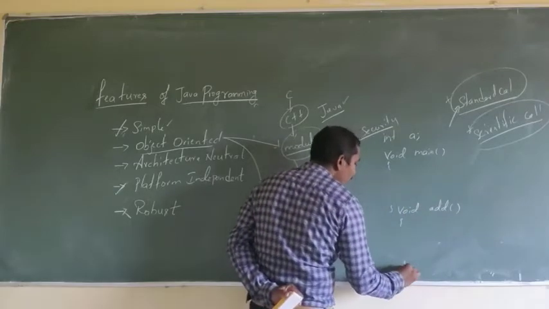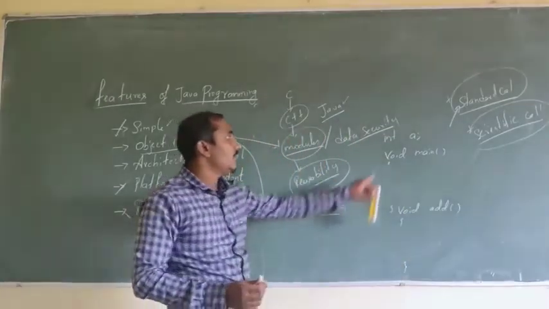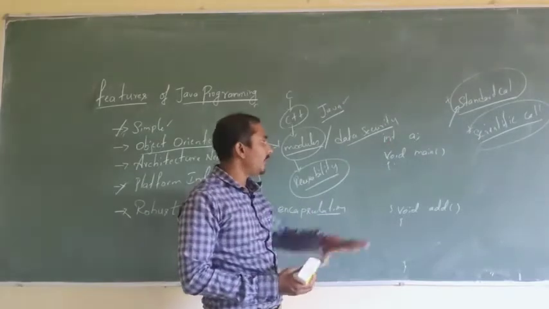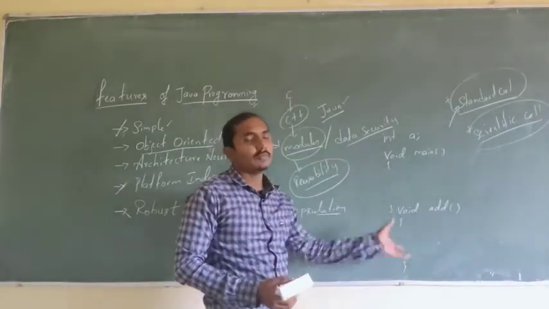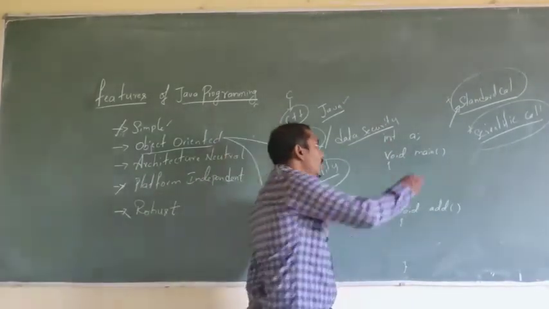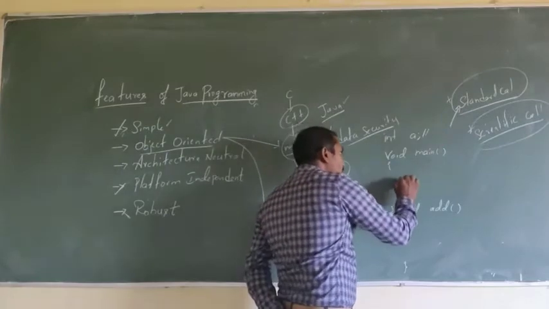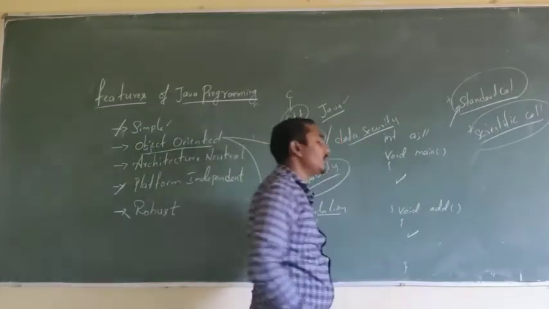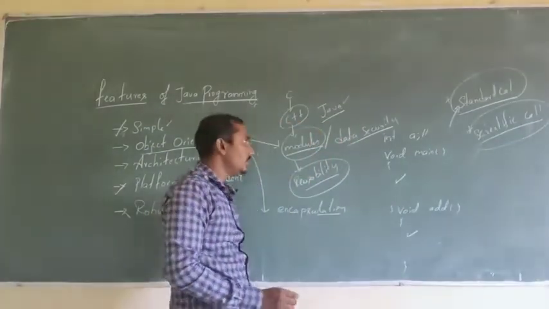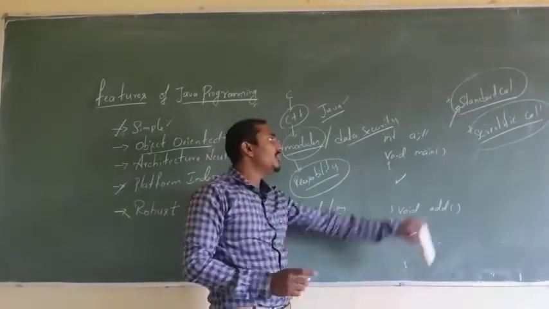This is what we do in C programming. We have a global variable, we'll have the main function, we'll have the add function or some other function. Now this variable a is accessible in the main function as well as in the add function. So we are not providing security for this data.